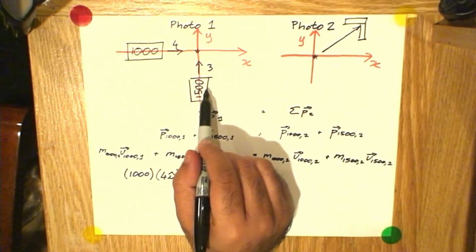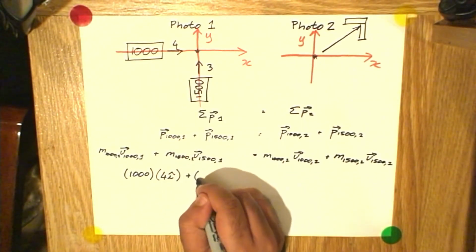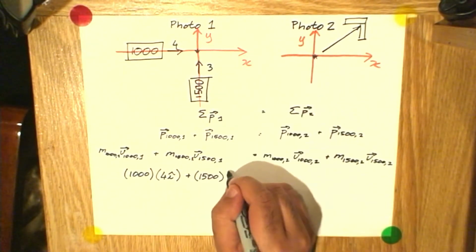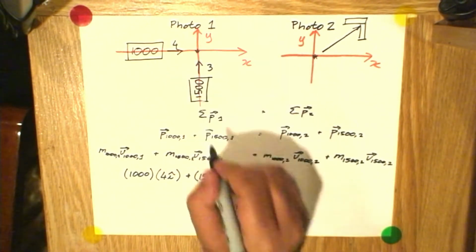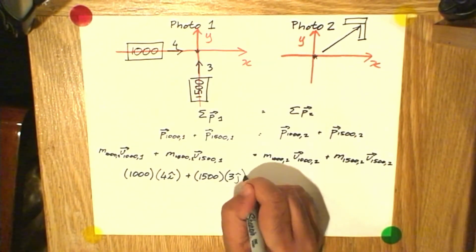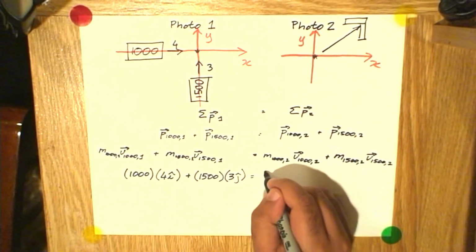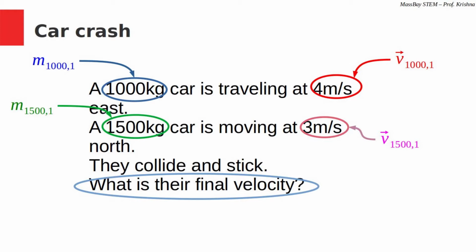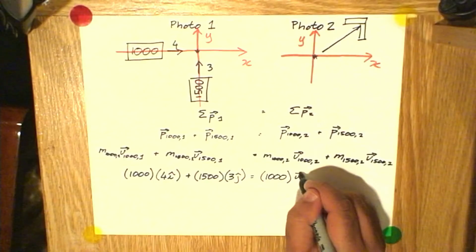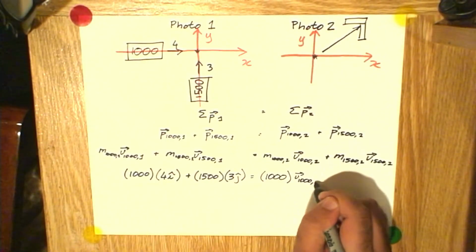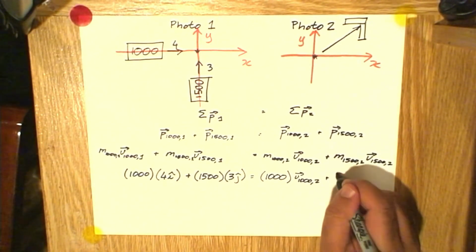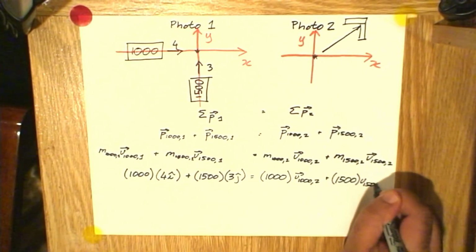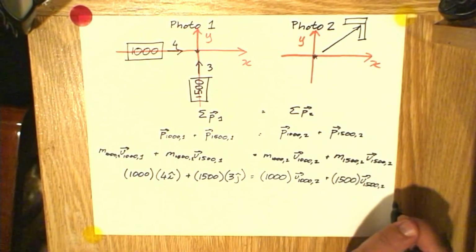Plus, the mass of the 1,500 kilogram car is 1,500 times its velocity, which is 3, but this is in the y direction, so this is 3 j hat. That is equal to 1,000 times the velocity of the 1,000 kilogram car in photo 2, which we don't yet know, plus 1,500 times the velocity of the 1,500 kilogram car in photo 2 as well.